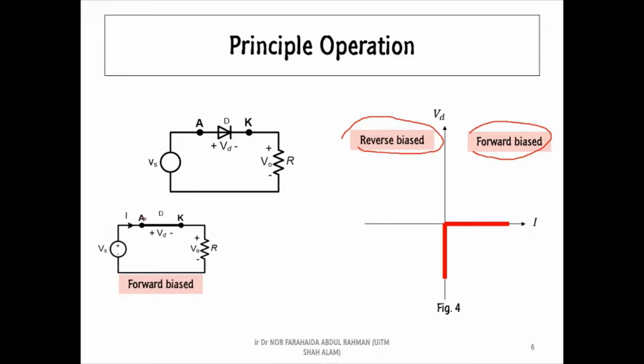If current flows to the anode terminal, the diode is in forward bias. In this condition, the diode will act as a short circuit to conduct a very large current from the source to the load with zero voltage drop.